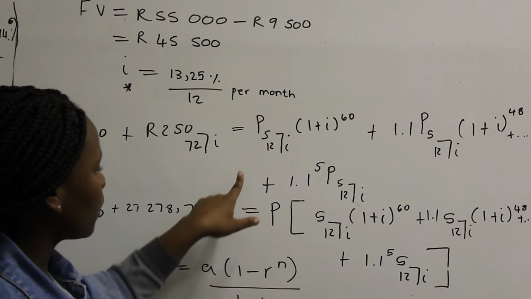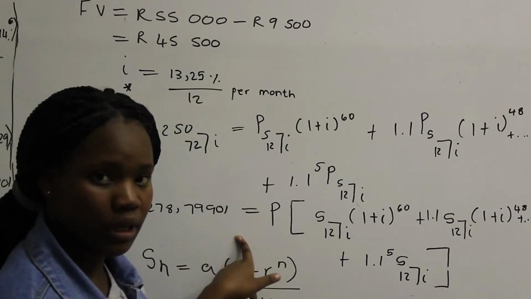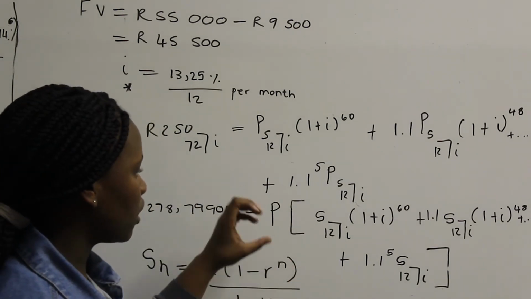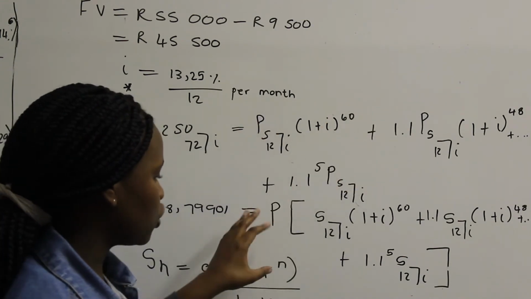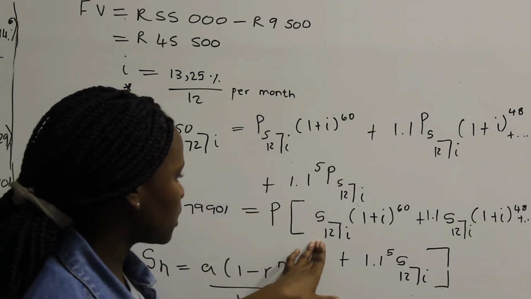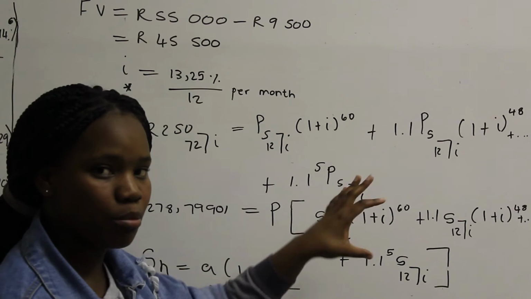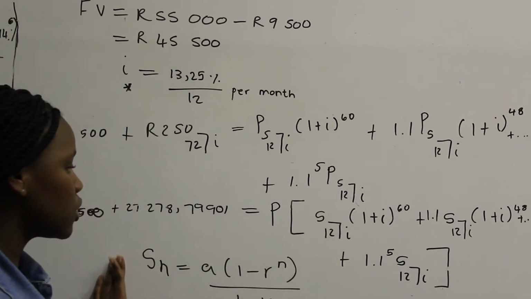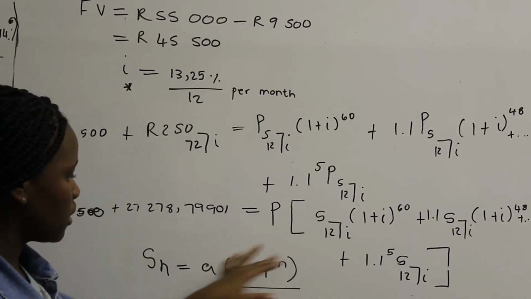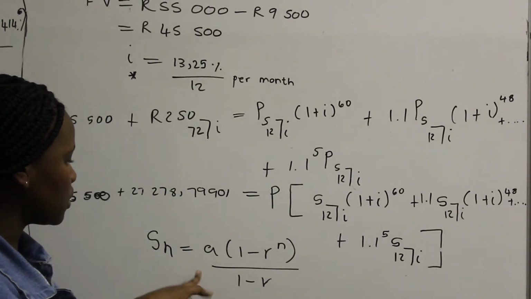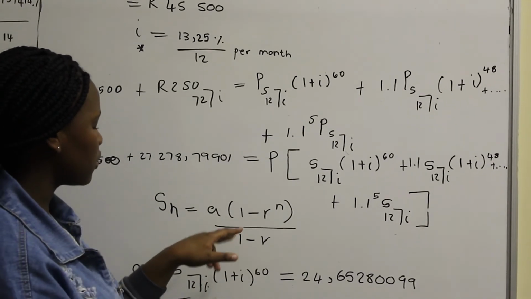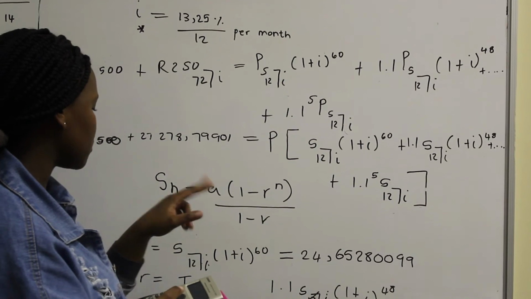Then we look for our FV, and this is how we get 27,278.79901. Then we take out the P and form a geometric sequence, so this is what remains within the bracket. Because it's a geometric sequence, Sn is equal to a times (1 minus r to the power of n) over (1 minus r).